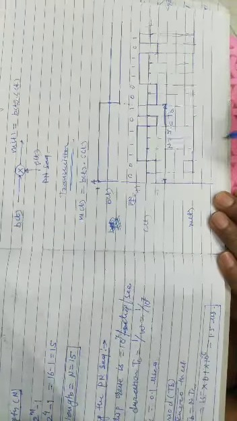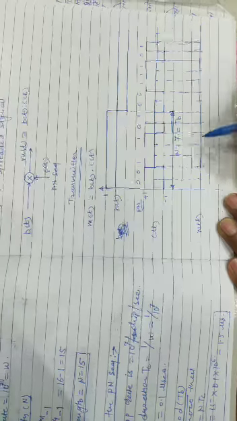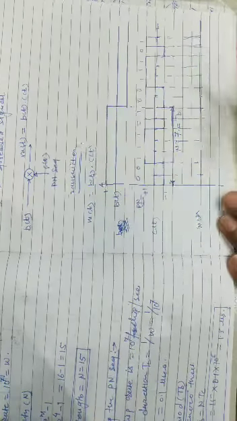Now we will draw M of t by multiplying B of t with C of t.